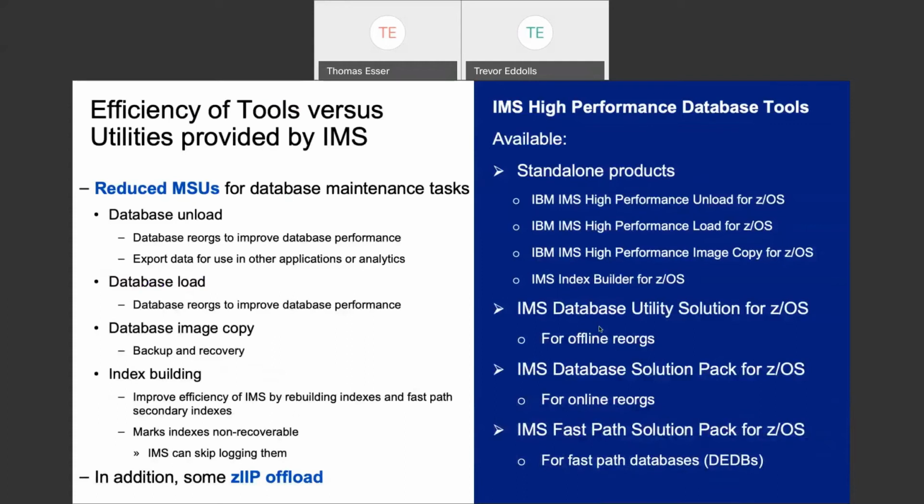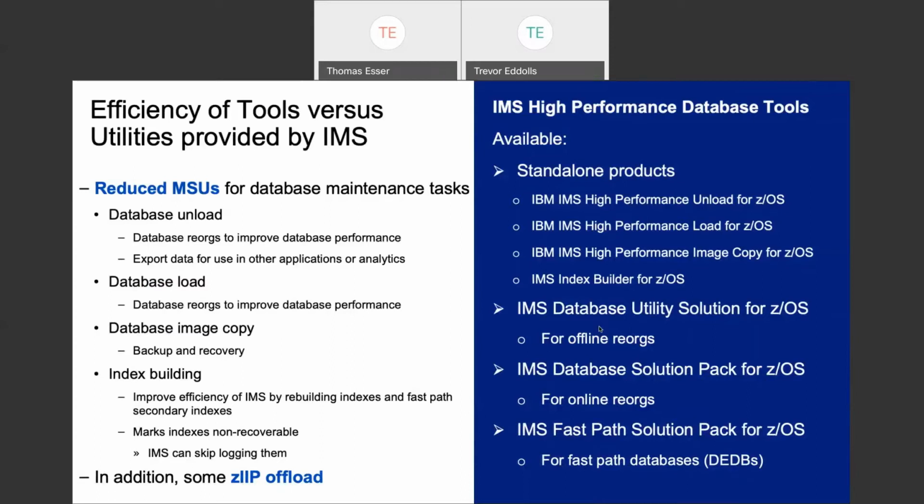So the efficiency of tools versus utilities provided by IMS is, the major part is to reduce the MSUs for database maintenance tasks. If you look at the utilities that come with IMS, you know from the past, or from your beginning when you started your career as a DBA or an IMS sysprog, that the tools that come with the subsystem itself are not very efficient.